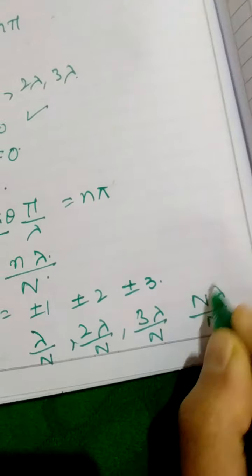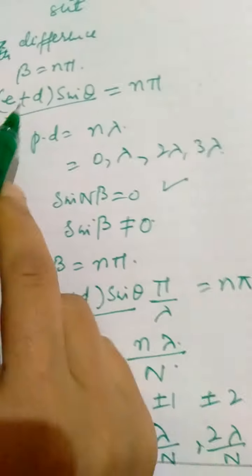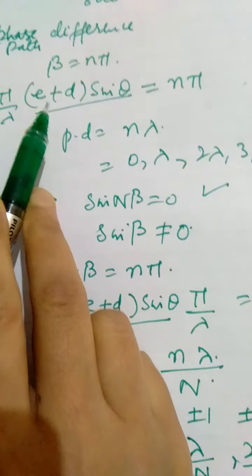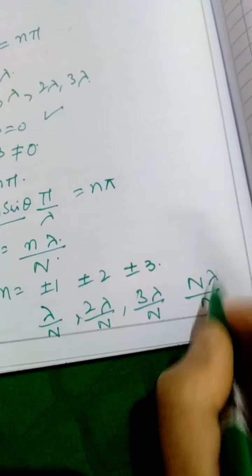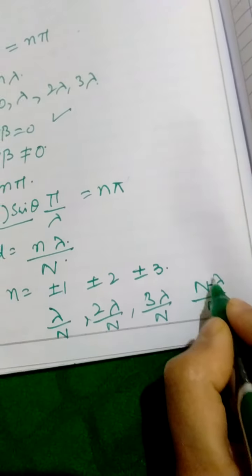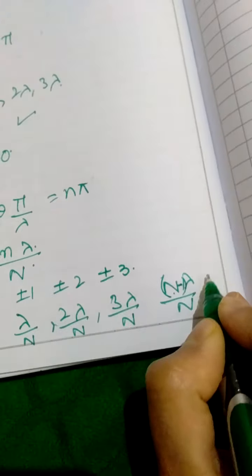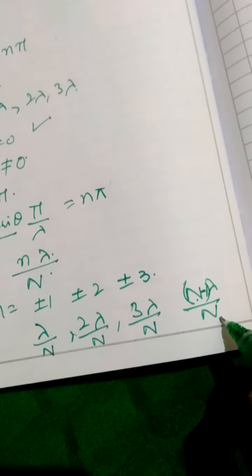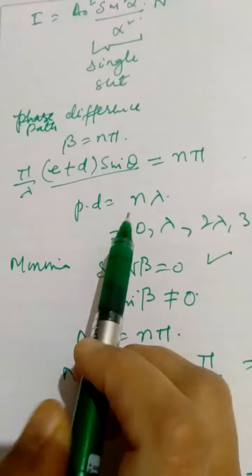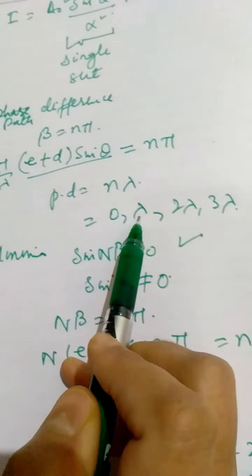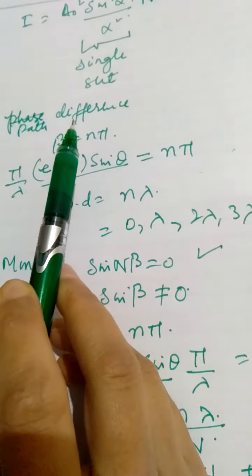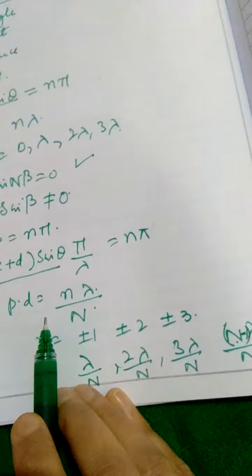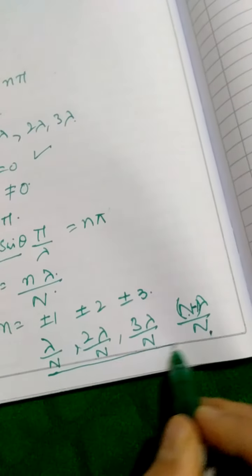Because N and N go, you are left with λ, and λ is a condition of maxima. So you have to stop at N minus 1, and then you can also carry on with N plus 1, N plus 2, but not N, because the path difference in terms of integral values of λ actually corresponds to maxima, and these values correspond to minima.